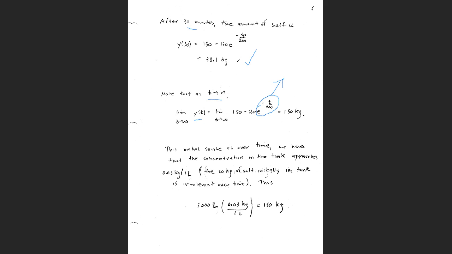Good. It goes to 0. Good, Renaud. Good, Jacob. And that leaves you 150 kilograms. That confirms the figure 10 from example 6 that we saw in the book, section 7.3. The salt content of the tank does eventually approach 150 kilograms.